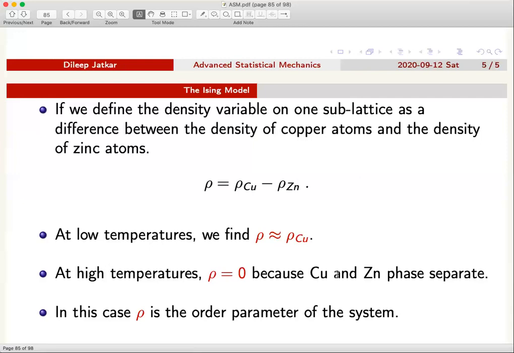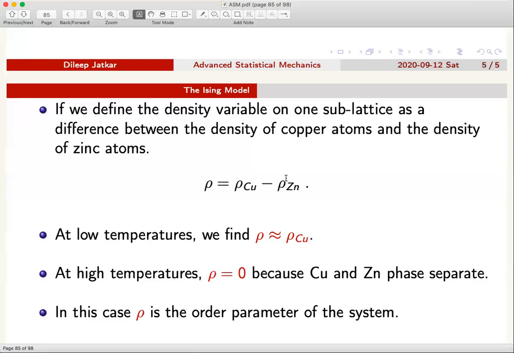So what we want to ask is that if you are at finite temperature, then there may be a small density of zinc atoms occupying the copper sublattice. So that would give you a rho, which is rho copper minus rho zinc on a copper sublattice. Is it making sense?